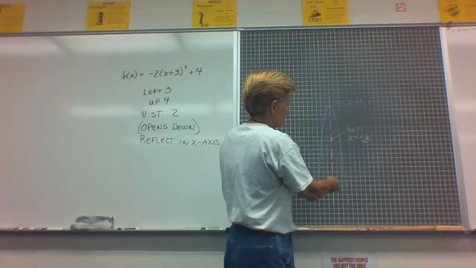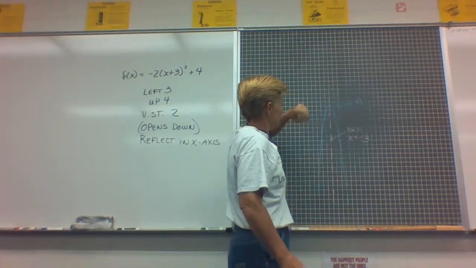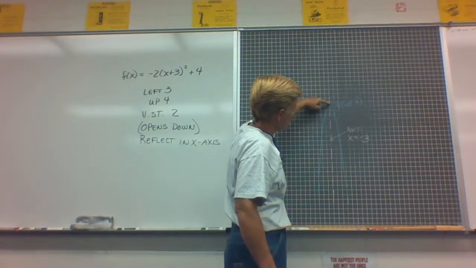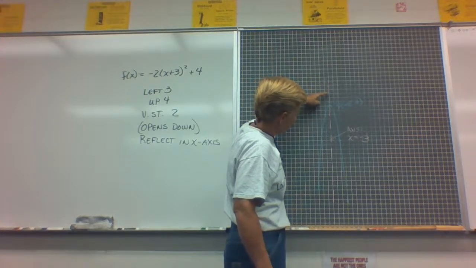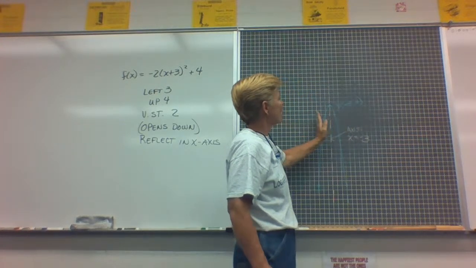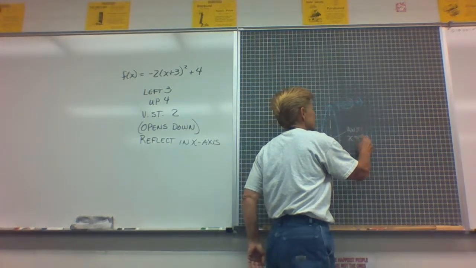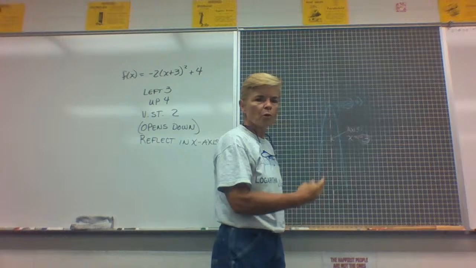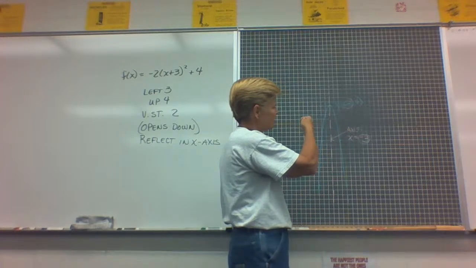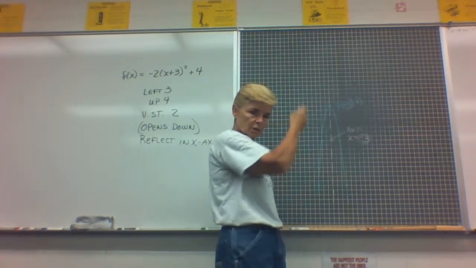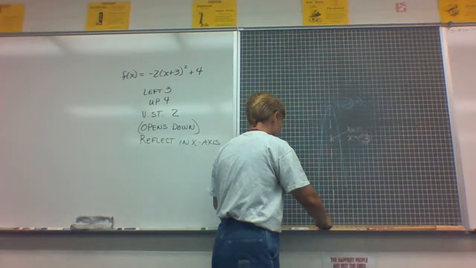All parabolas that open down or open up, the axis of symmetry, which goes through the vertex right here, has got to be just as far out as the vertex. So these will always match because they're both out the same distance. The vertex is out -3, the axis is out -3 through that same x coordinate.